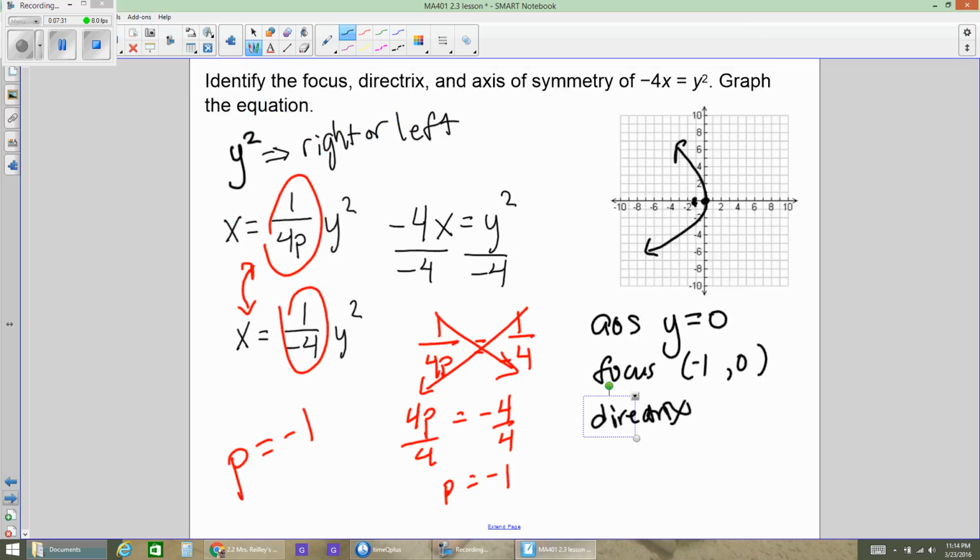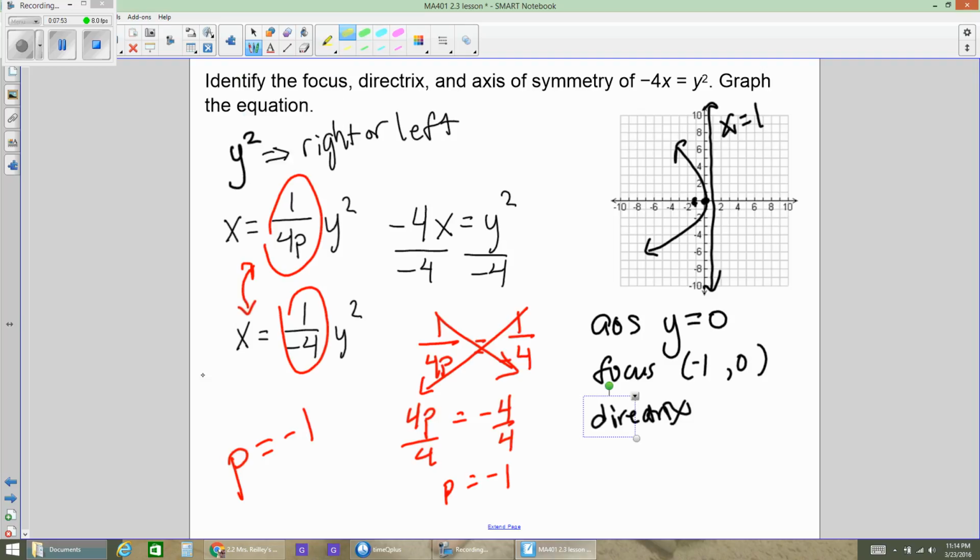Okay, let's come back to our problem. So in our case, it is the invisible line that's right here. And it is going to be x equals 1. So there's something I want you to notice. Let me grab my highlighter.